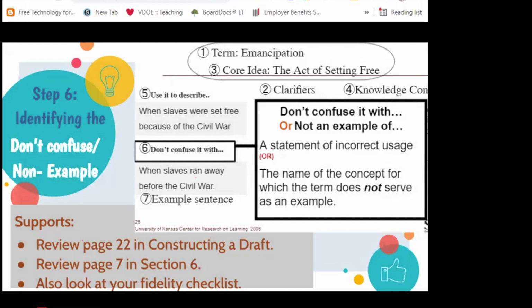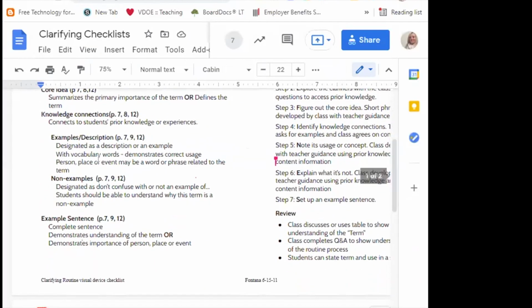On my checklist down here, these are things you don't want them to confuse it with. Sometimes these are things you have found in the past that students get confused with. This is where you're doing your synonym and antonym and all of that kind of stuff.